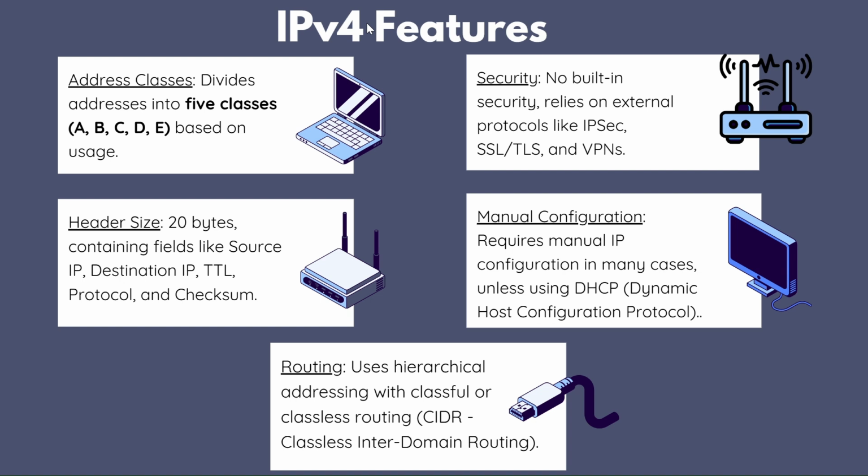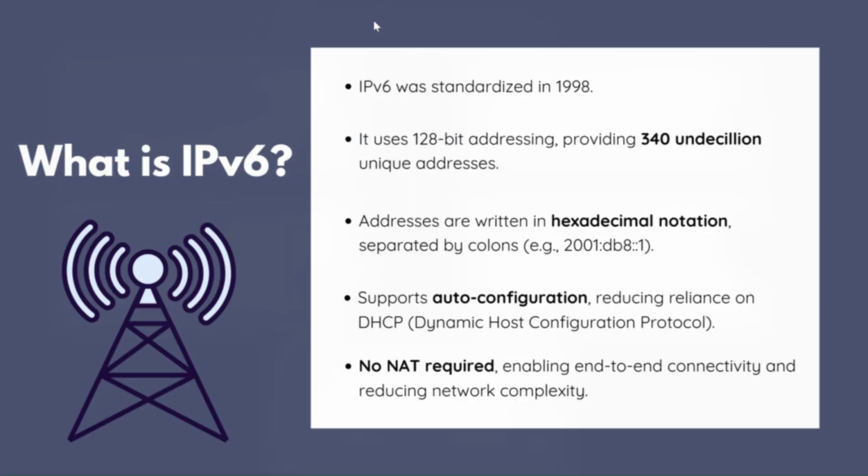Fourth is security. For IPv4, there is no built-in security. It relies on external protocols like IPsec, SSL, TLS, and VPNs. Fifth is manual configuration. It requires manual IP configuration in many cases, unless using DHCP, that is Dynamic Host Configuration Protocol.